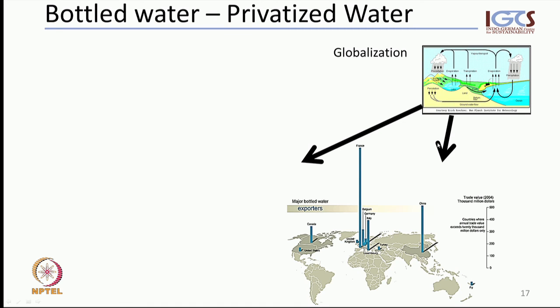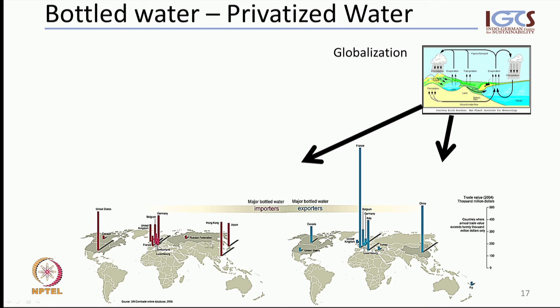And this has been reflected in this map here, which shows us our water bottling exporters or exporting countries. And there are very few countries dominating this export market of bottled water, although some of the data may not be complete. And then we obviously will have importing countries where these bottled water containers will be sold again.